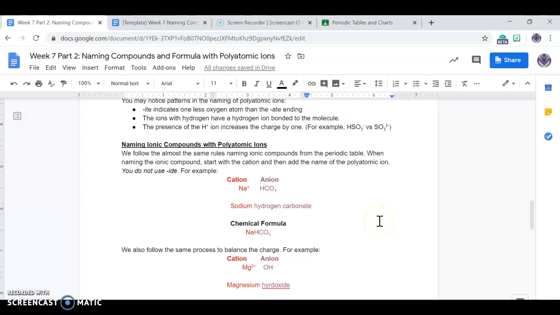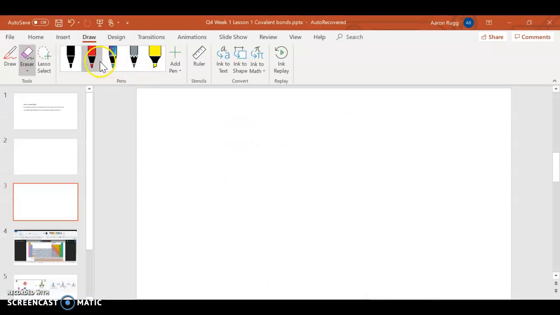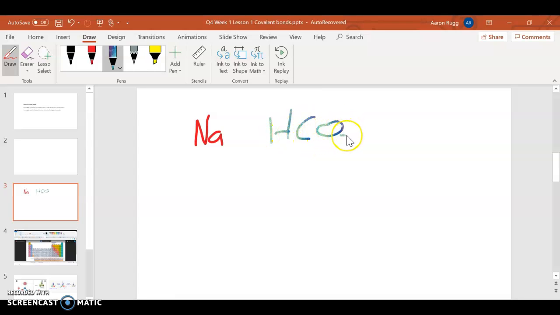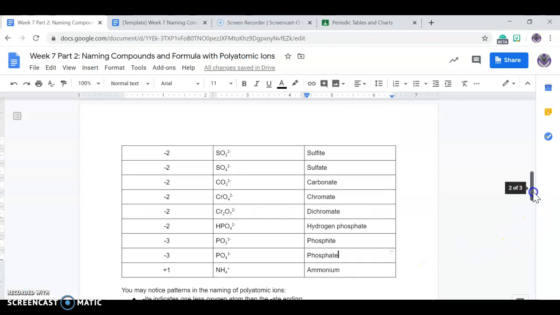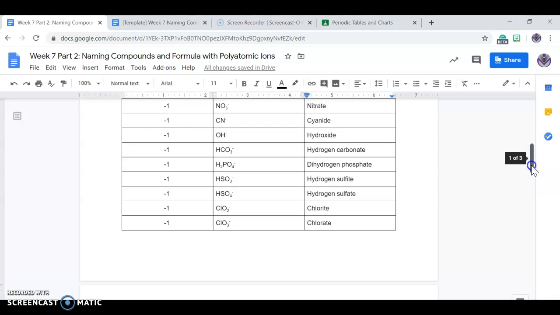The same process for the chemical formula. We have to make sure that the charges balance. So if we have sodium as our cation and then hydrogen carbonate as our anion, sodium starts off with 1 valence electron. If we look at the table and scroll up, hydrogen carbonate here has a -1 charge.